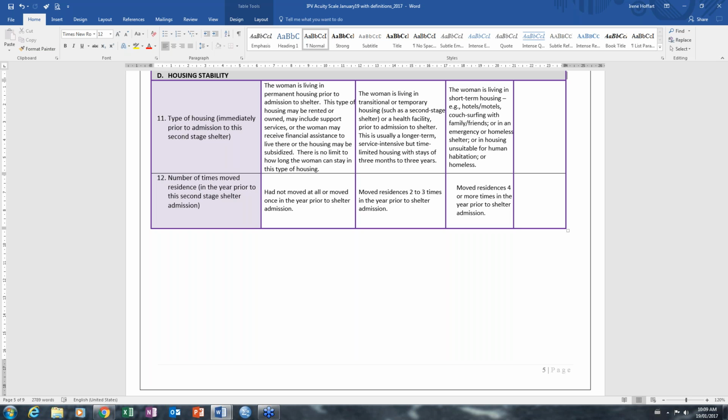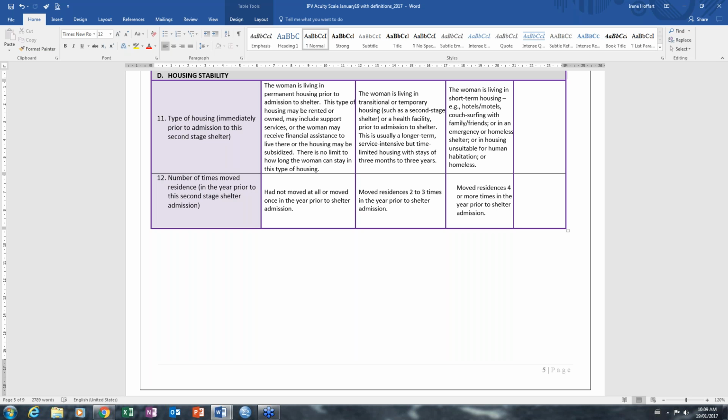Or it could be a health facility of some kind, not a short-term health facility, but a longer kind of health facility. So again, this is what the statement is down there at the bottom. This is usually a longer-term, service-intensive, but time-limited housing with stays of 3 months to 3 years. Okay, that would be the score of 3.